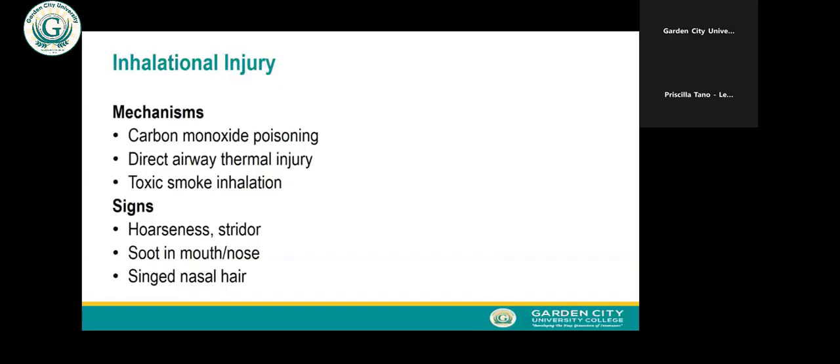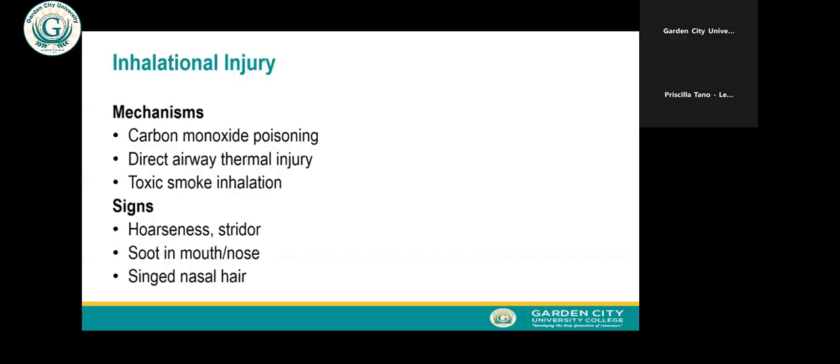Now, the signs that you know that this is an inhalation injury, and I've also said that it happens mostly in an enclosed area, right? Enclosed areas like a classroom, bedroom, factories, offices, and all that. Patients would have hoarseness or a weak voice.